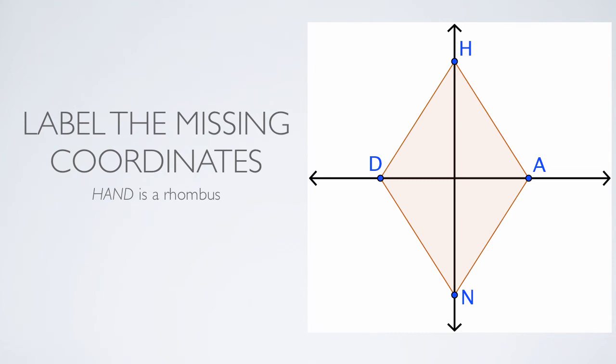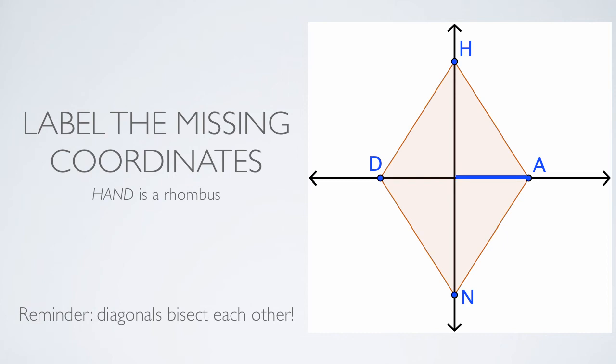Here we've got a rhombus, and none of the points are labeled, so we can kind of decide what we want to label them. Remember, rhombi have bisected angles, bisected diagonals, and the diagonals are perpendicular. And so in this case, we're using the x-axis and the y-axis as the diagonals for the rhombus.